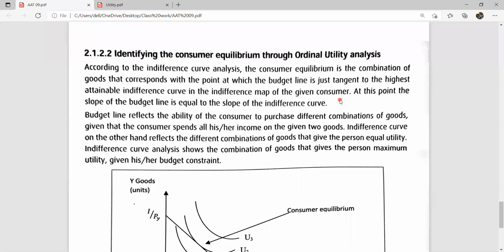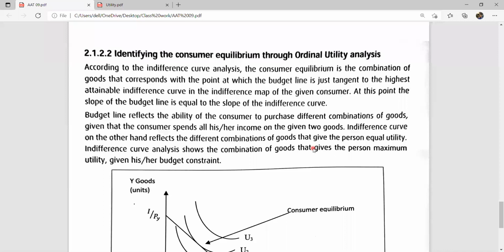The budget line reflects the ability of the consumer to purchase different combinations of goods, given that the consumer spends all his or her income on the given two goods. The indifference curve, on the other hand, reflects different combinations of goods that give a person equal utility.